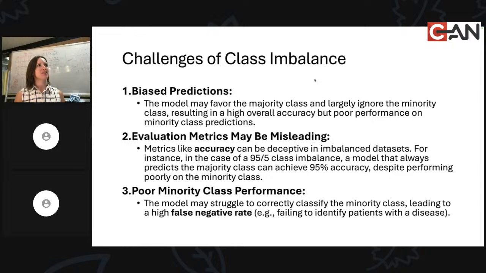There are some challenges that class imbalance presents. So if you don't address it, one is that you can of course make biased predictions because your model wants to be right most of the time. If you give your model a data set and you give it an objective function and you say be right most of the time, and you have a data set that is heavily imbalanced, it's going to say, well, how do I game this system?